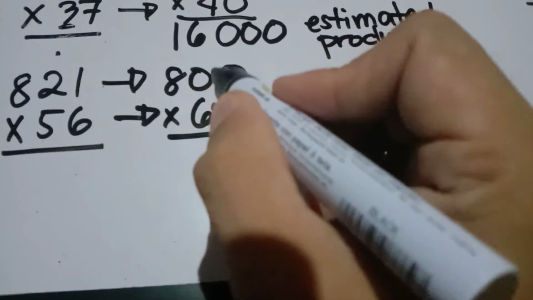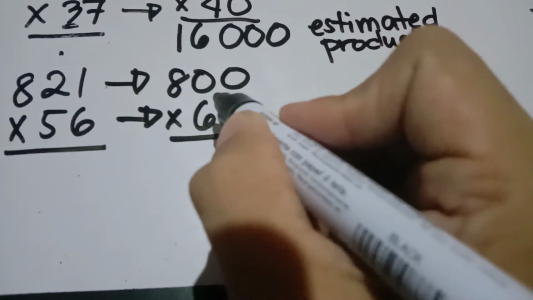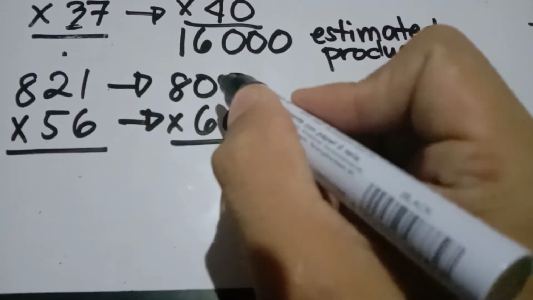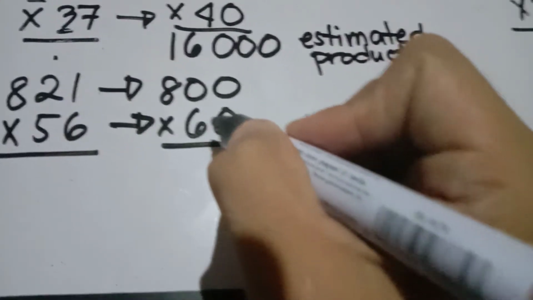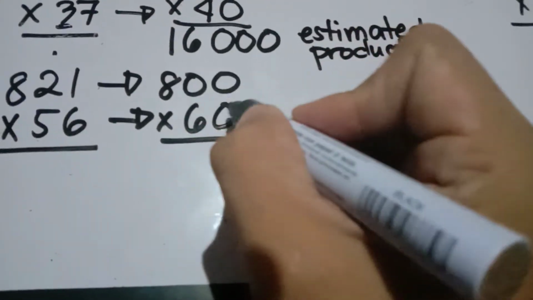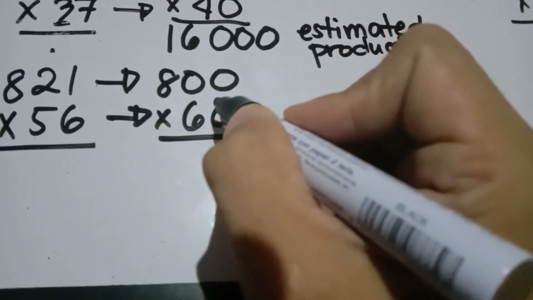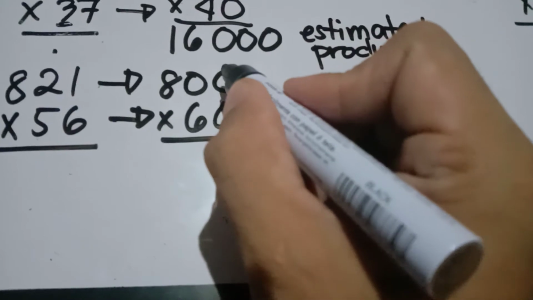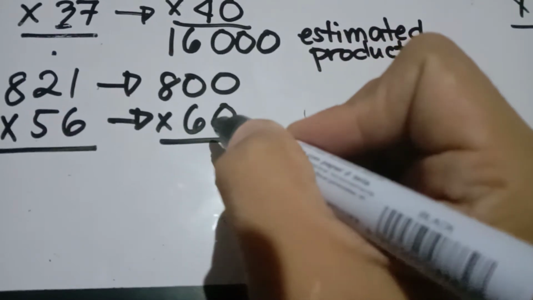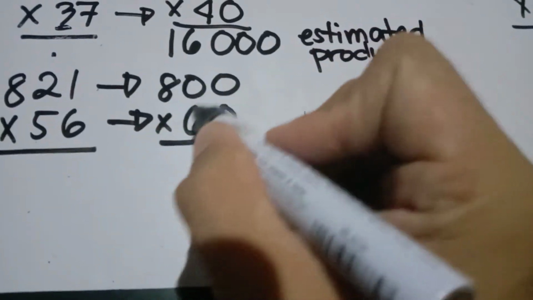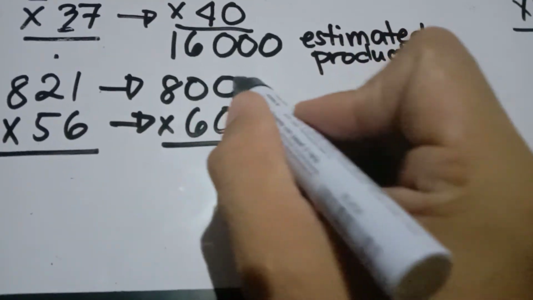Then we are now going to proceed to the second step, which is we are going to multiply the new factors. So here, count the number of zeros in the multiplicand and multiplier. So we have 1, 2, 3.